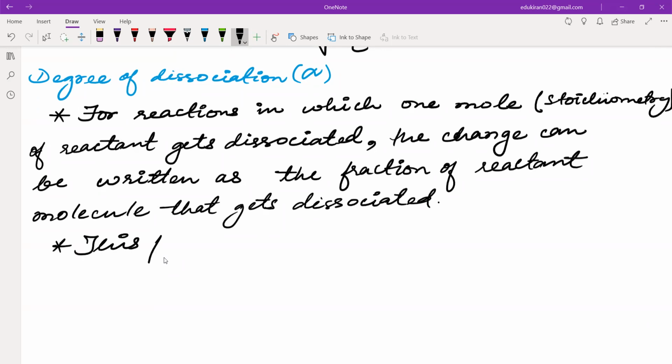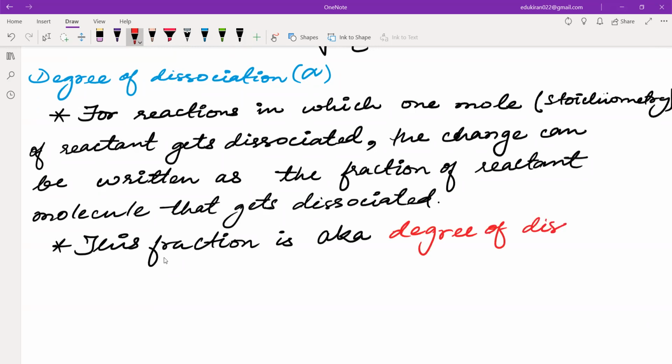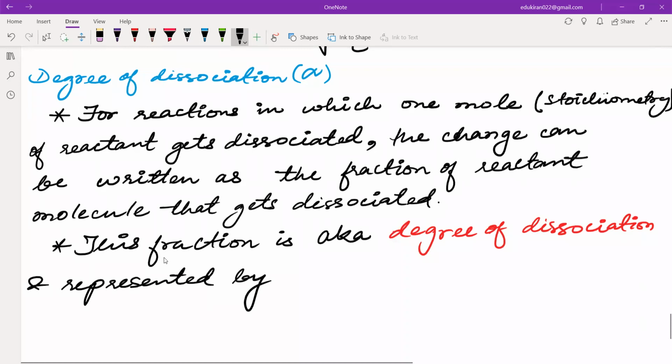This fraction is aka degree of dissociation, and represented by alpha.